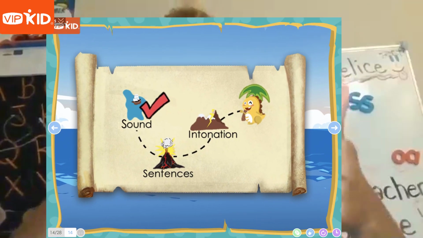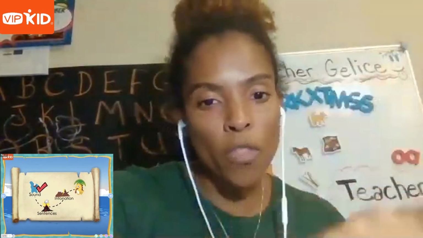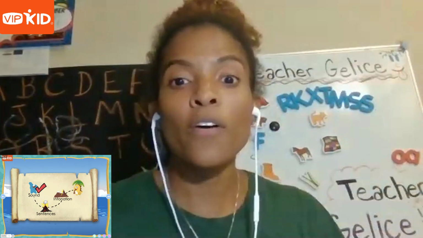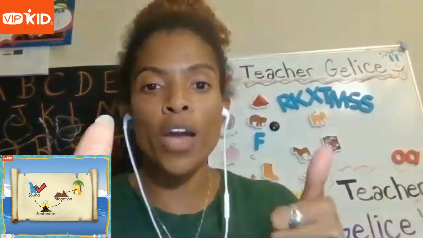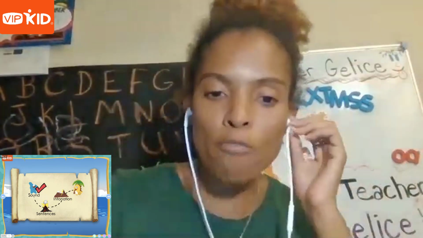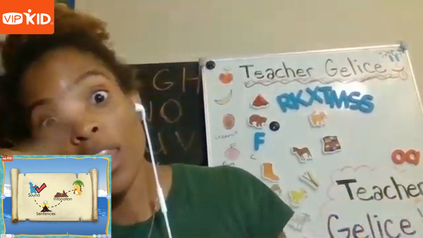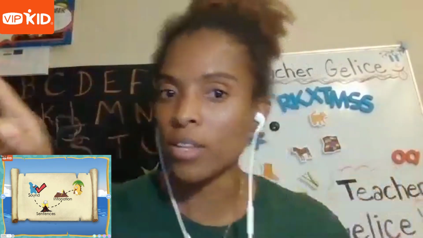Yeah, I'll say, you finished sounds. Now, and then I'll draw on the map. We have to go around the volcano for sentences. Are you ready? And they'll say, I'm ready, or let's go. And then we'll come, let's find Dino. And then we'll keep going. So I'll draw a little line, then let's find him.